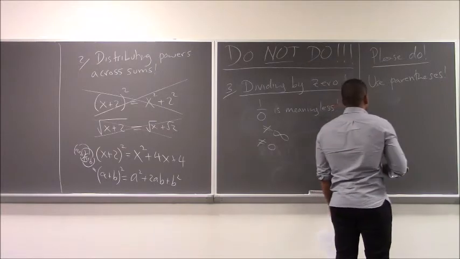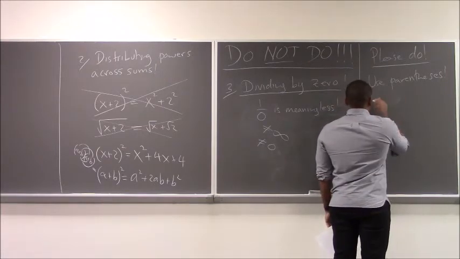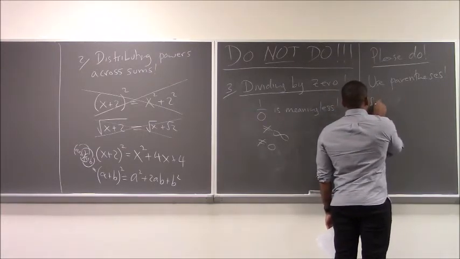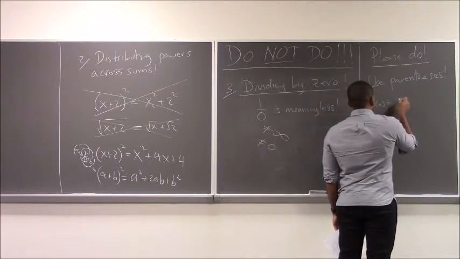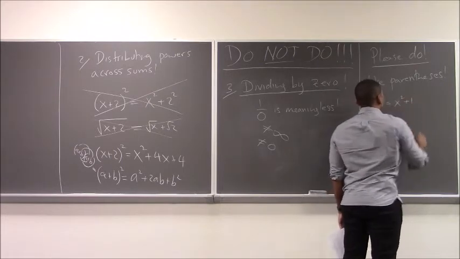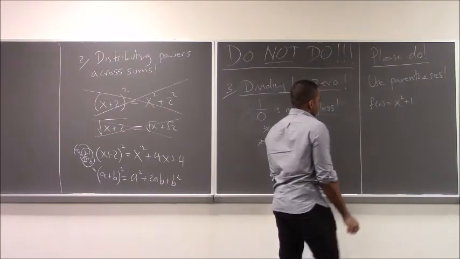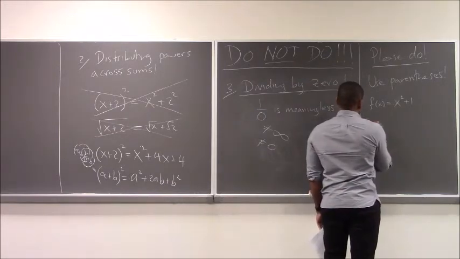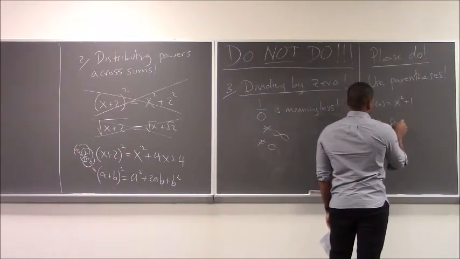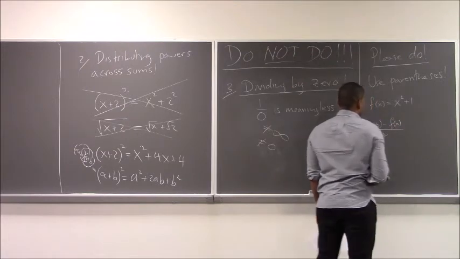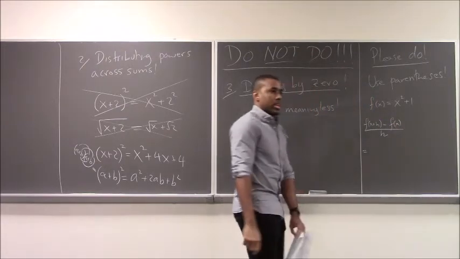So if you have something like, I'll show you. Let's do an example. Let's see if you guys remember how to do this. Let's say I told you f of x was x squared plus 1. And I asked you to find f of x plus h minus f of x all over h. Anyone tell me how to do that?